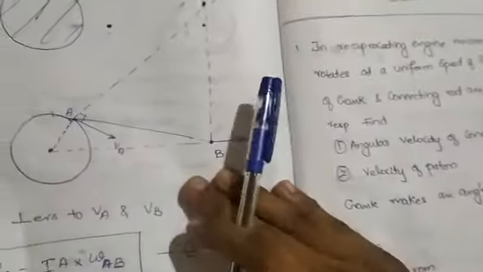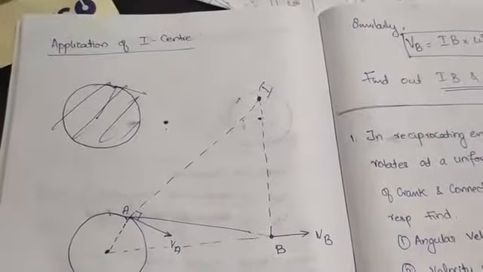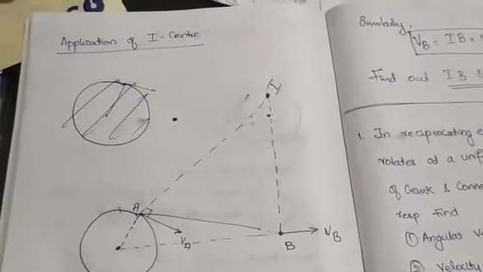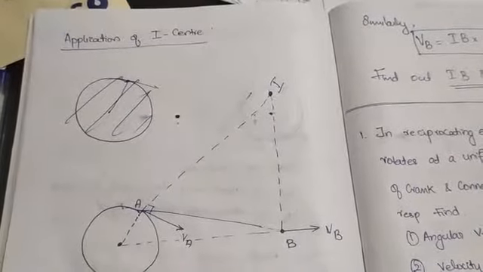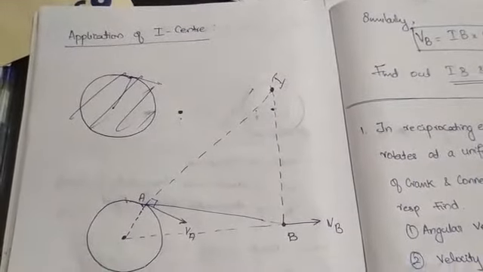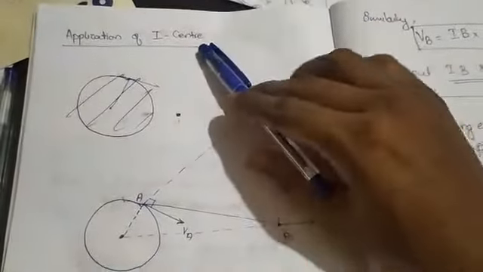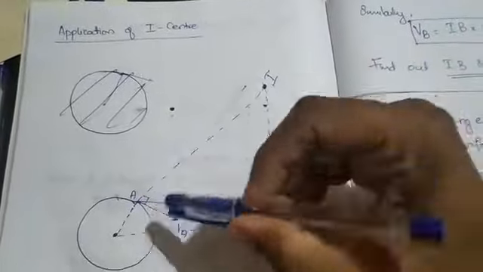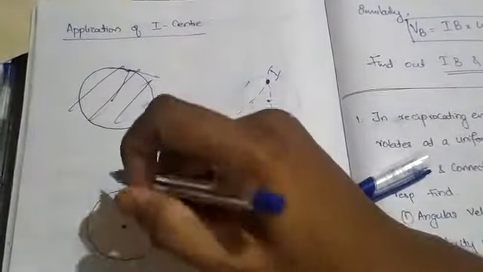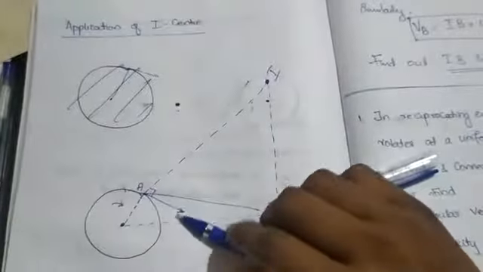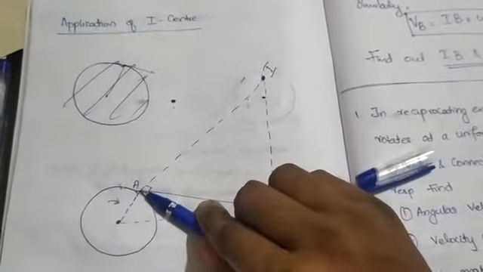Now how will you apply this and find the velocities of the piston as well as the connecting rod? You can find this by application of the I center method, the instantaneous center method. Suppose this object is rotating clockwise, VA will be tangential from point A, right?